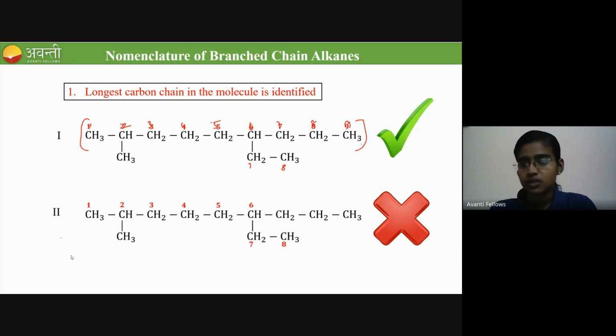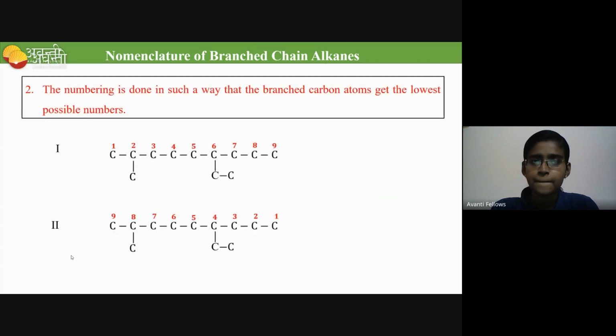So that is wrong. Only the first way of numbering is correct, and that is the longest carbon chain in the molecule. So first we are identifying this. Then coming to the second rule, the numbering is done in such a way that the branched carbon atoms get the lowest possible numbers.